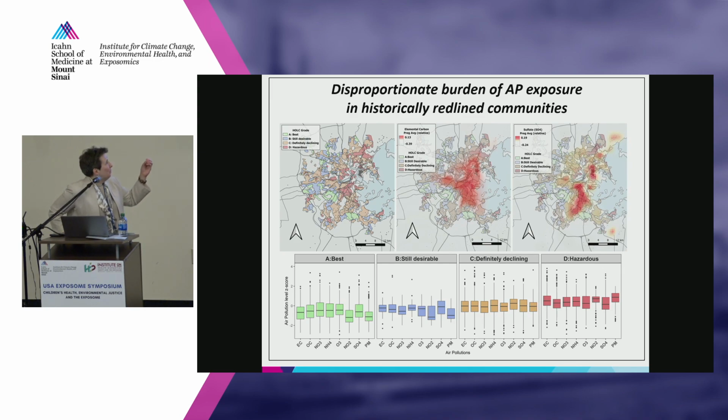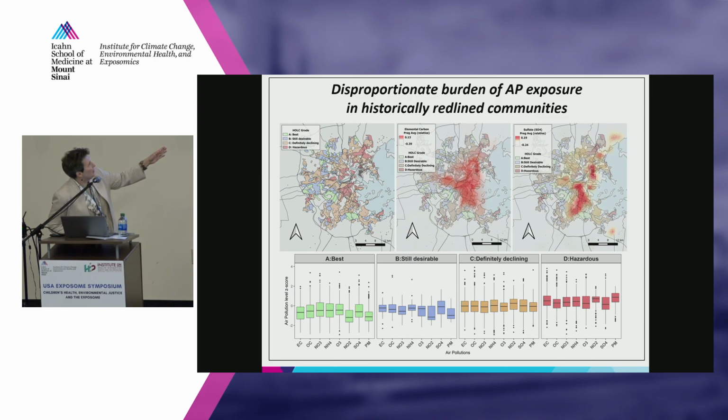So there were practices put in place in the earlier part of the last century that actually graded these communities, and largely it was based on the percent minorities living in those communities, particularly African Americans, but also others. And best is in the green.